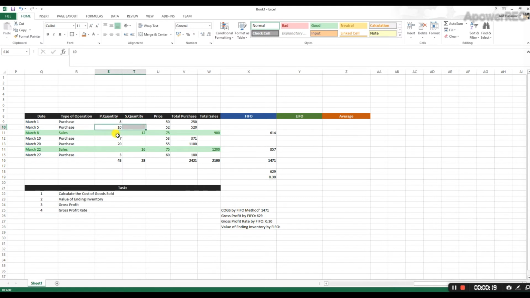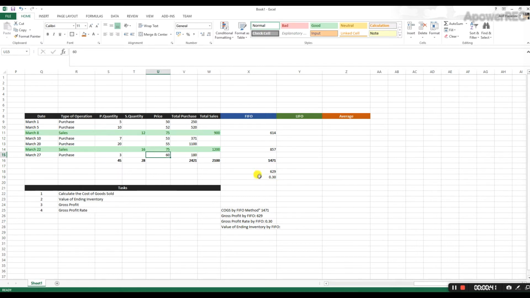We sold this one, and this one also, all of it. And if you remember, we took only 6 items from the one that we bought for 55, but 14 of them left. And as we can see, we also bought 3 items later on for $60.